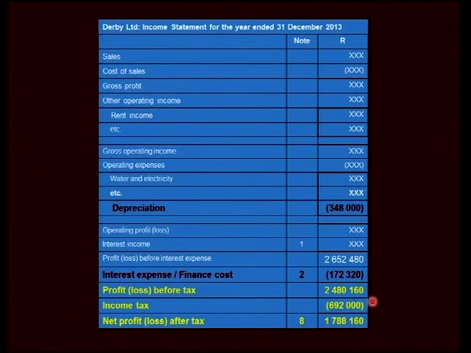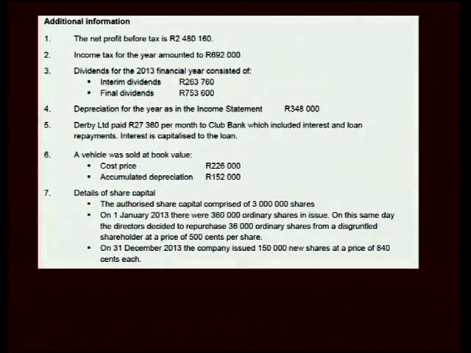The income tax is 692, and the profit before tax is 2480. And I've really used the information that was provided to you in the information booklet over there. They've told me what the net profit is. They've also said that the income tax for the year is that. So I've kind of reconstructed an income statement just to give you an idea of what the income statement of that business would look like.